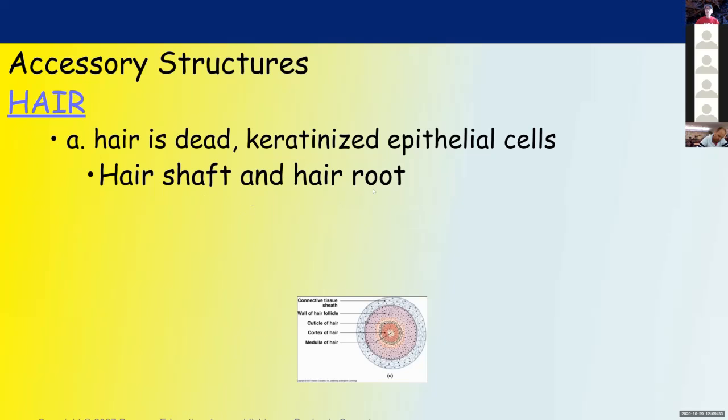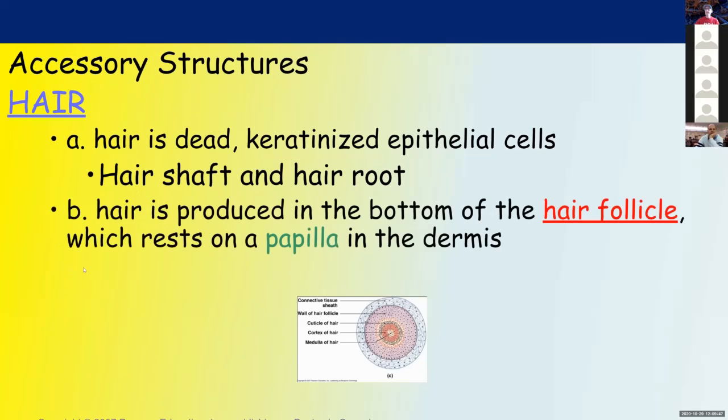When they're in a growing phase, the hair root is active, and then it connects to the hair shaft, and the shaft is what then leaves our skin. And that's what we actually see when we're looking at people's hair. The hair itself is produced in the bottom of the hair follicle.